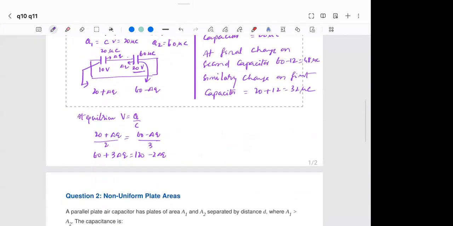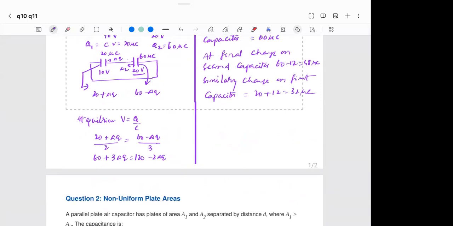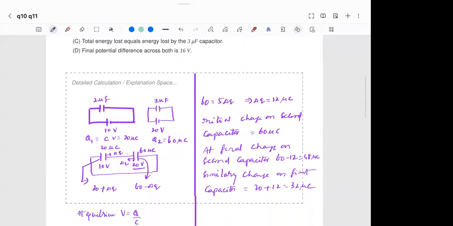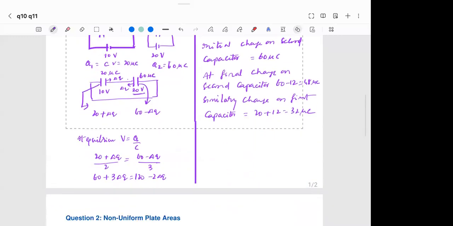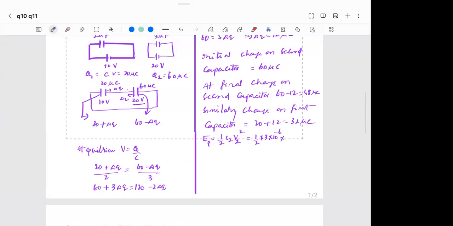So energy lost by the 3 microfarad capacitor. The energy is equal to initial energy, half C2 V2 square. C2 will be 3 microfarad, V2 will be 20 volts.